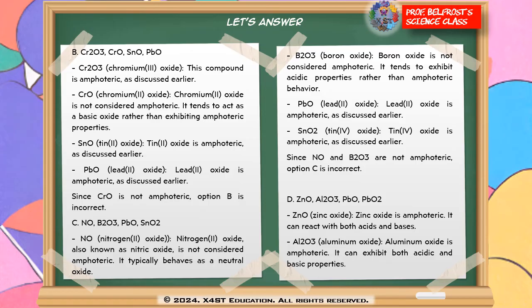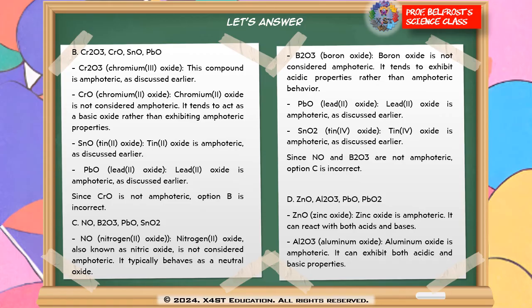Now option D. Let's analyze the last option. Zinc oxide is amphoteric because it can react both with acids and bases. Aluminium oxide or aluminum oxide, you can read it as aluminium or aluminum, both are correct actually.